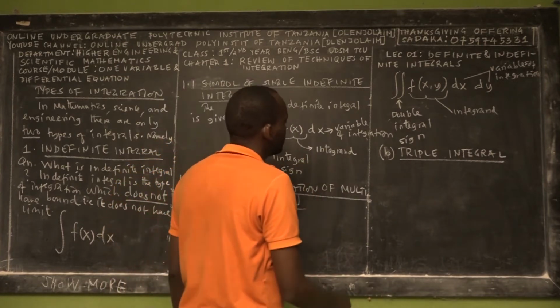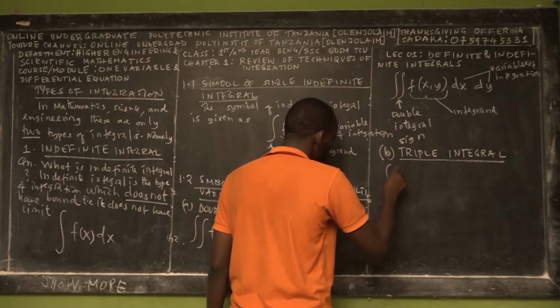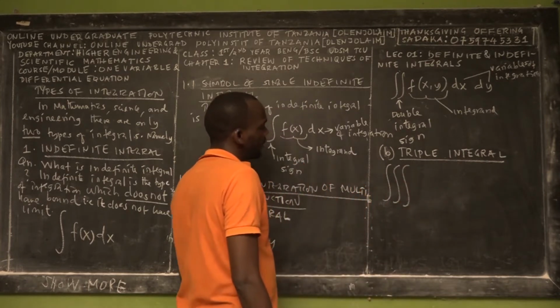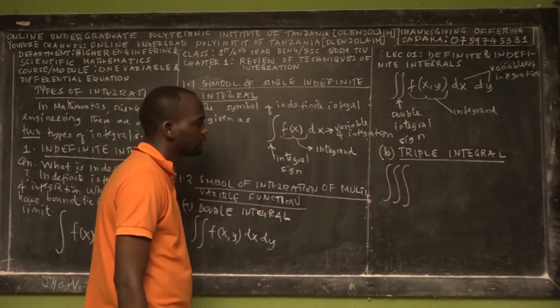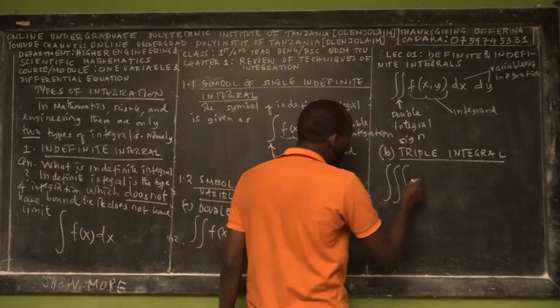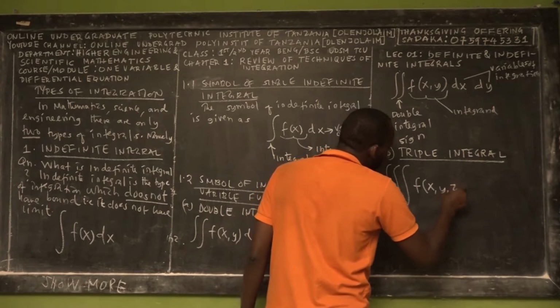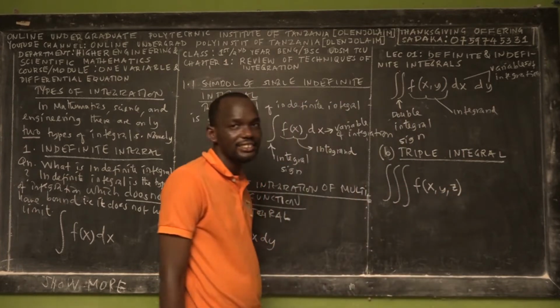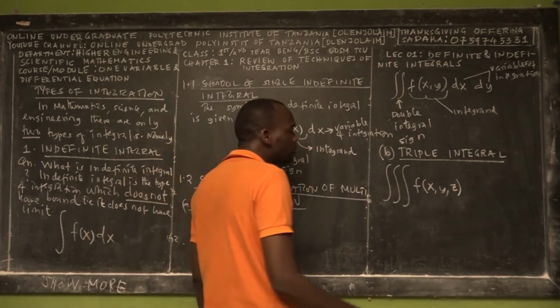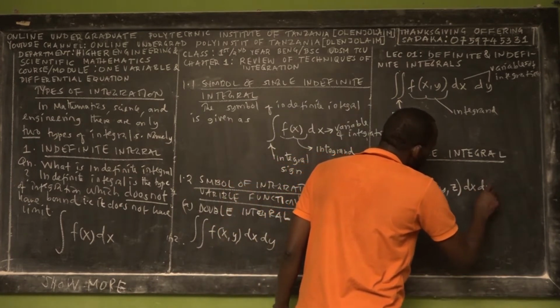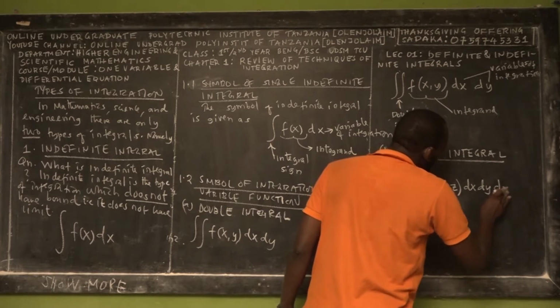We say that we have three single variable integration signs, so three integral signs, and then we have an integrand which depends on the three variables, for example, x, y, z. And this one we integrate with respect to x, again with respect to y, then with respect to z.